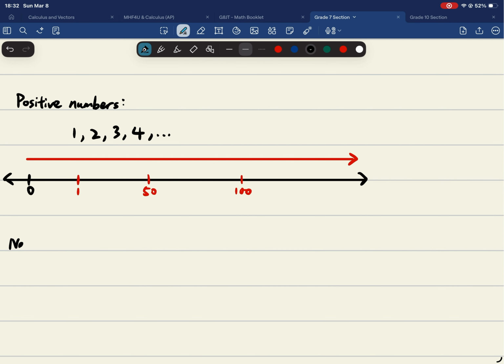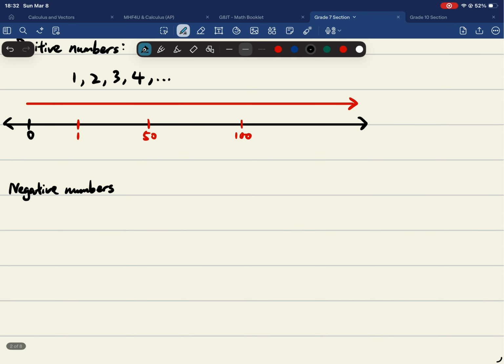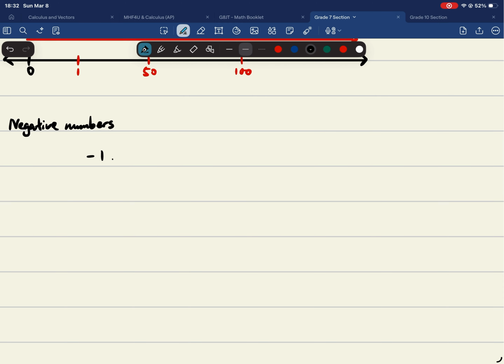And there are negative numbers. Negative numbers include -1, -2, -50, and so on. Same thing, you can use a number line to actually see what it looks like.